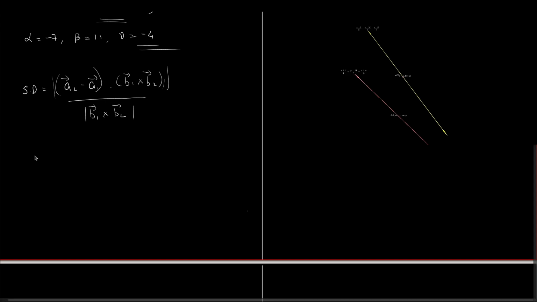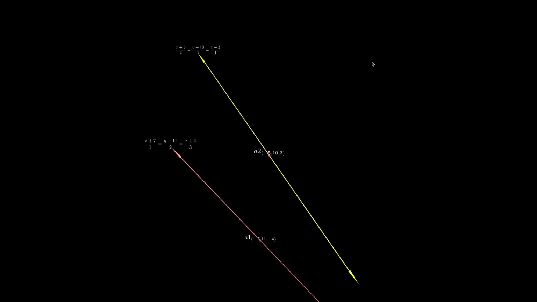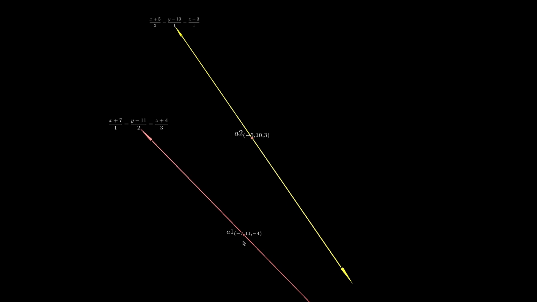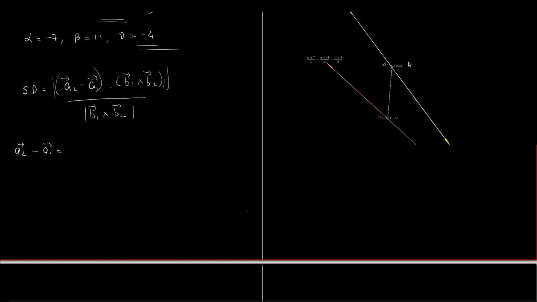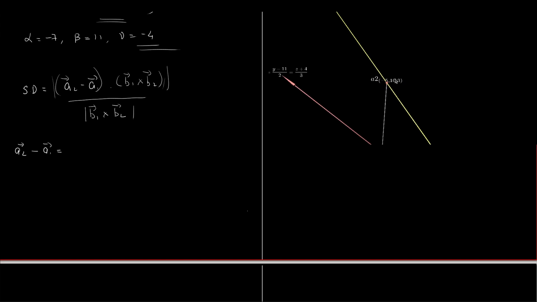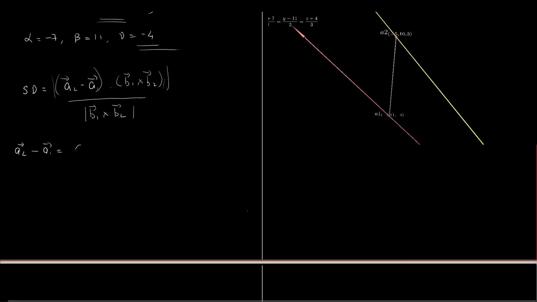So what is A2 minus A1? A2 minus A1 is the line segment from point A1 towards point A2. Let's add that. So this line segment is A2 minus A1. So we'll find it out. A2 is minus 5, 10, 3, minus A1, which is 7, 11, minus 4.